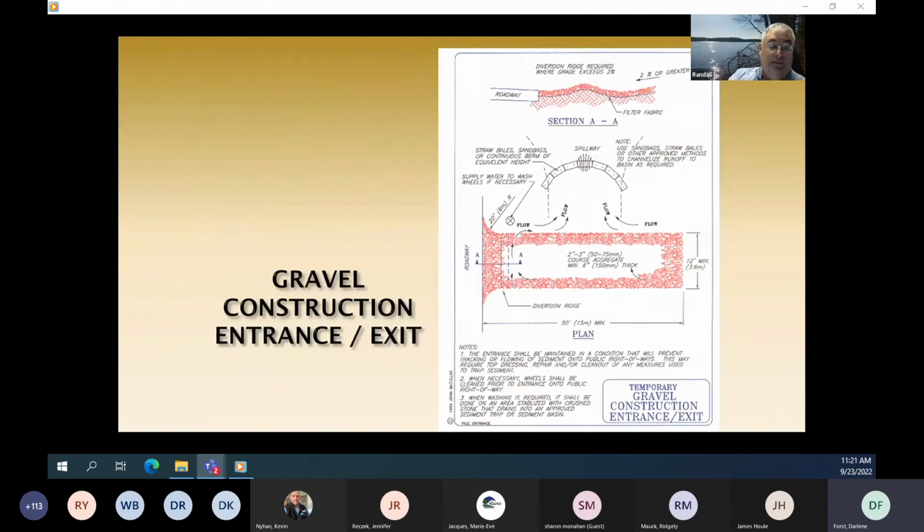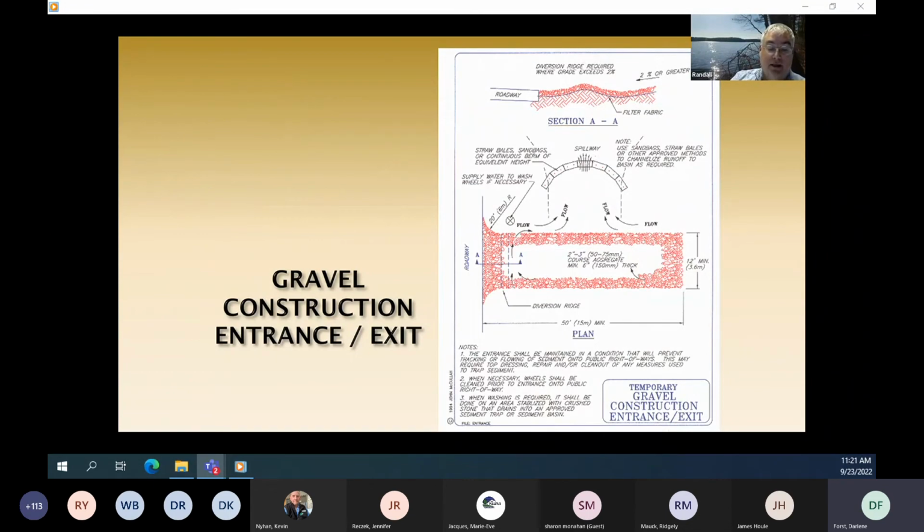So, getting into actual BMPs, construction management practices: gravel construction entrances, stone entrances. There's all kinds of names for them. There's several different details.